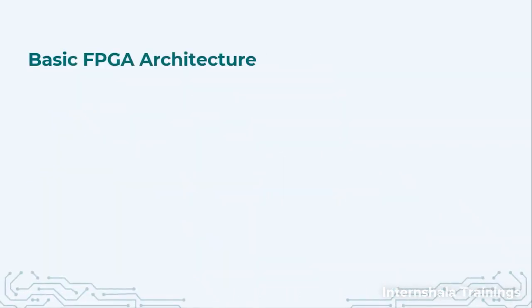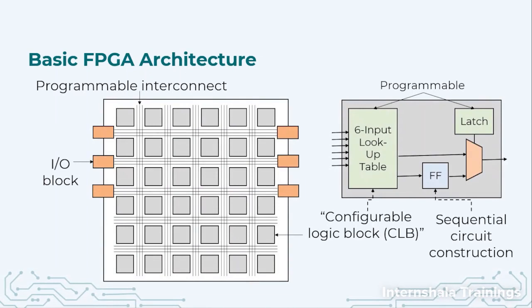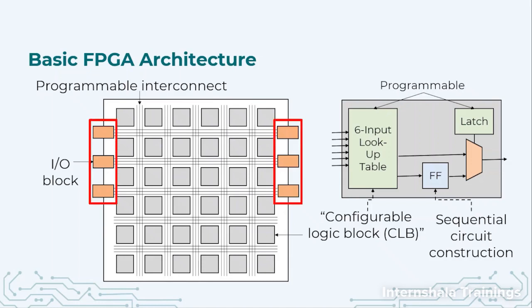So let us talk about what is inside the FPGA which is making it so useful. So the basic architecture of FPGA is, you can see there are so many square blocks, and then in between all these square blocks we have some interconnect lines, and on either side of the FPGA we have input output ports.